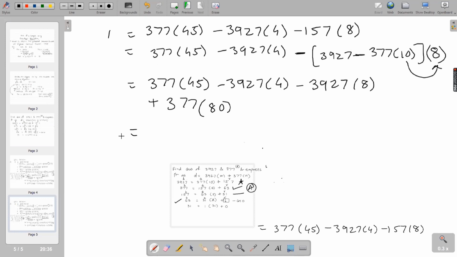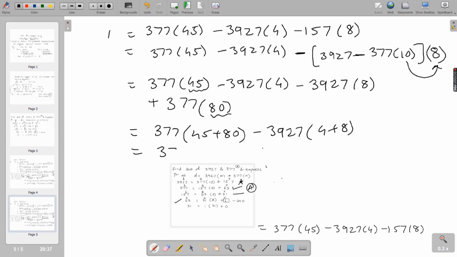So now I have what I want. I want only 377 and 3927 to appear in my expression. So I'm just rewriting their integer multiples. So this is 45 and this is plus 80. And minus 3927 into 4 plus 8.